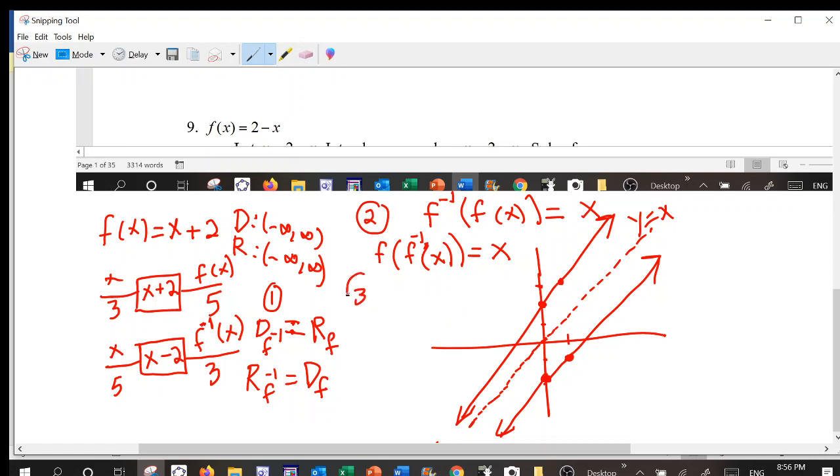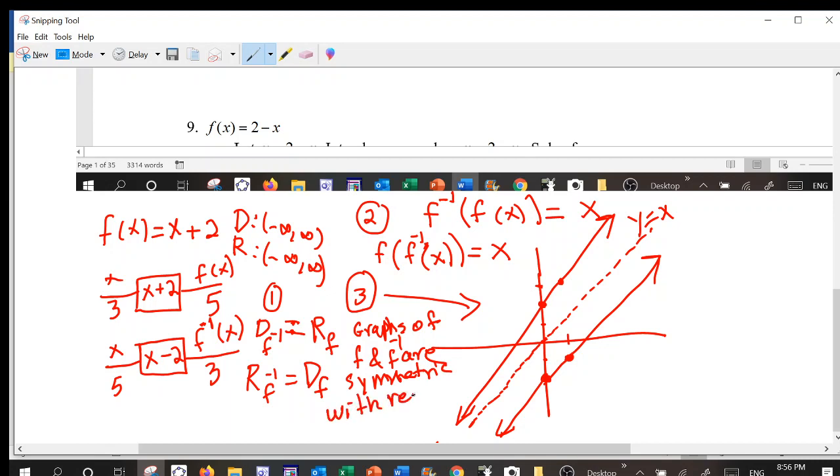So number 3 says that the graphs of f and f inverse are symmetric with respect to y equals x.